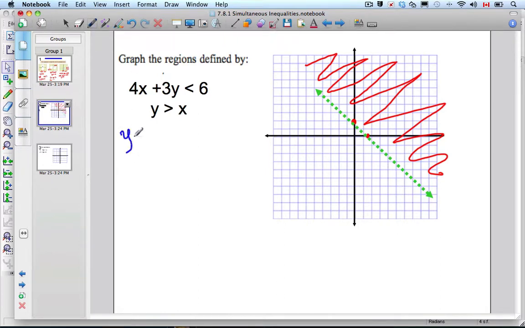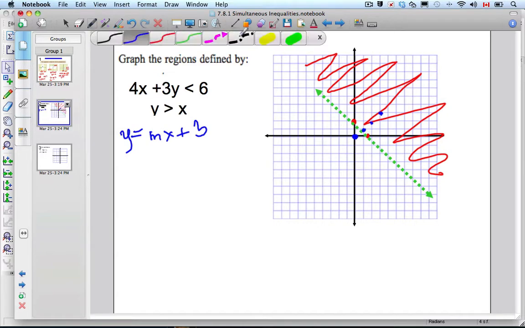If we think about it, our intercept is just 0. There's nothing written there. So I can put my point at 0. And my slope is just 1. So I go up 1, right 1, up 1, right 1, and up 1, right 1. And we just connect those with a dotted line once again, because it's not equal to.